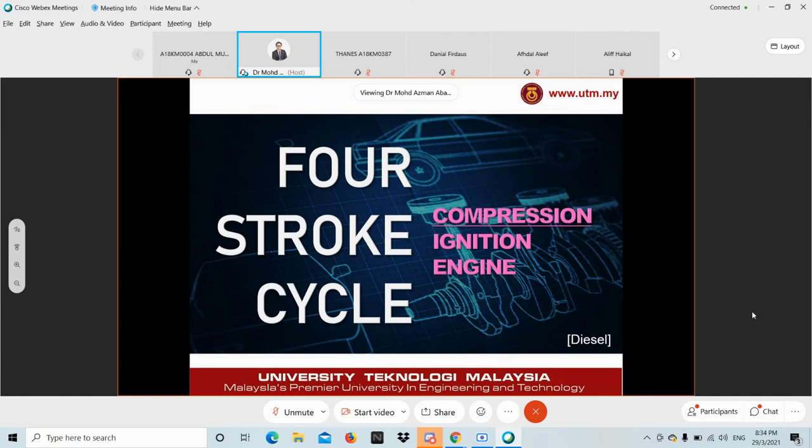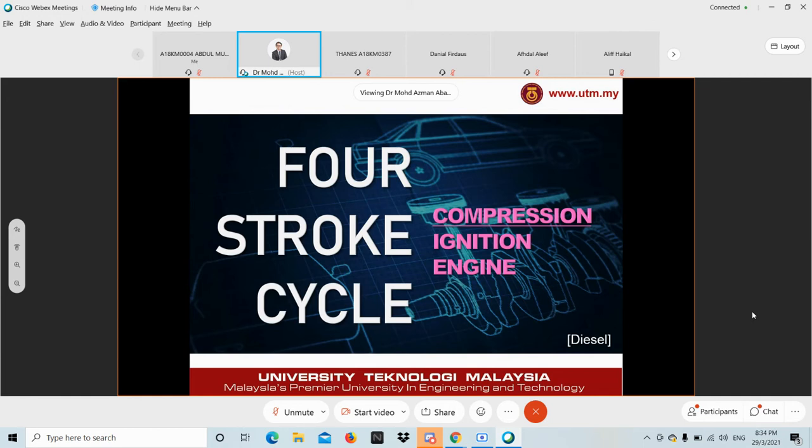Let's take Proton, for example. If they know they are only selling cars in the Malaysian market, then definitely they need to be aware that the fuel RON in Malaysia is only RON 95 and RON 97.